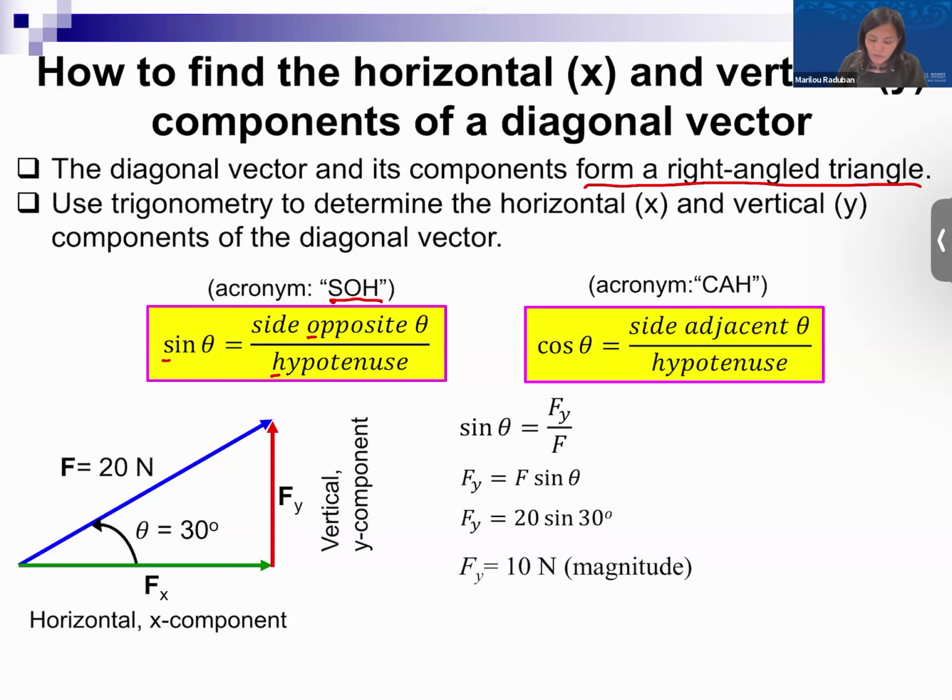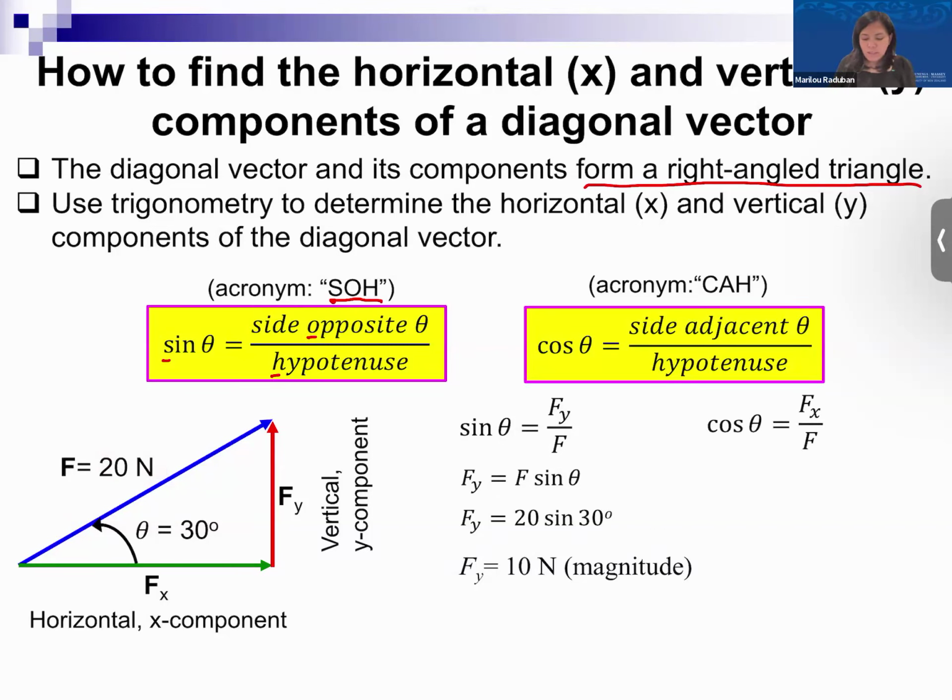Right, this trigonometric identity, cosine theta, gives us the side that is adjacent to the angle theta divided by the hypotenuse of the right angled triangle. So if this is the theta angle of the right angled triangle, the side adjacent to that will be the x component. And of course, the hypotenuse is the diagonal vector, right?